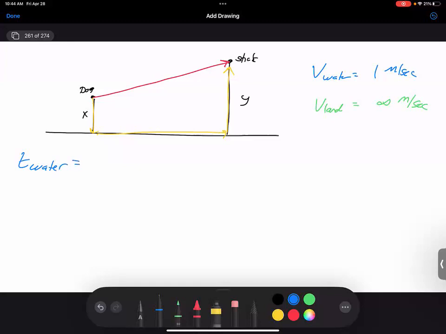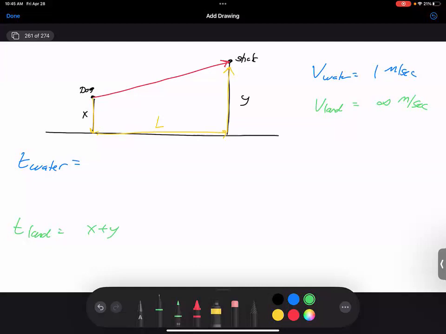And we need some notation for this. Let's call this maybe L for land. How long do we spend in the water? I'm sorry? X plus Y. Nope. So time on the land is going to be X plus Y. Sorry, there are two different times.